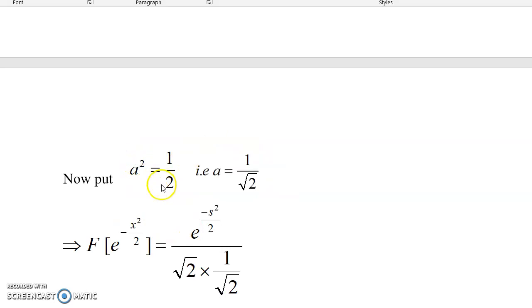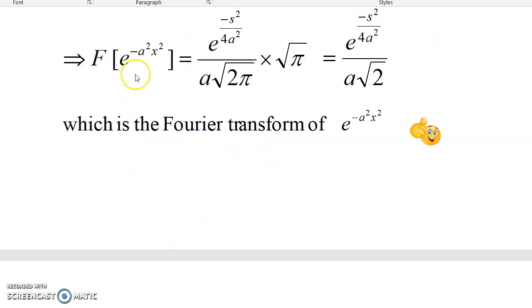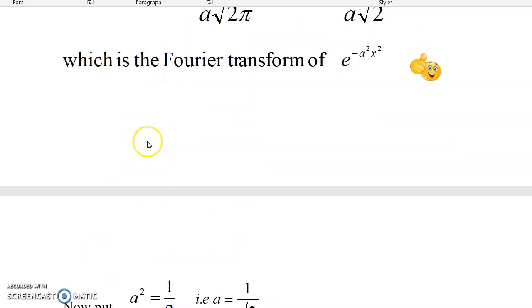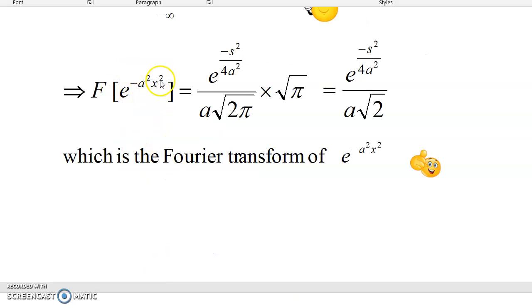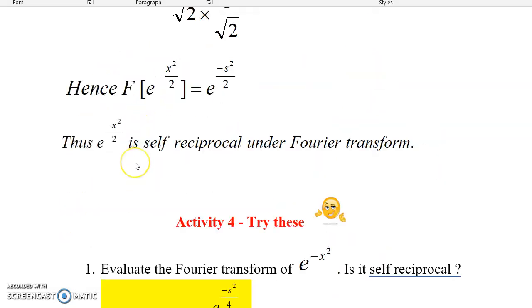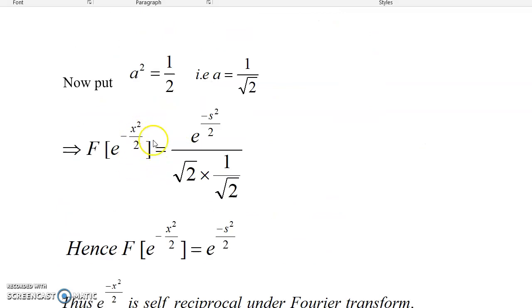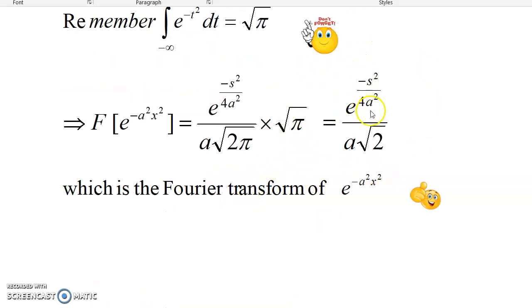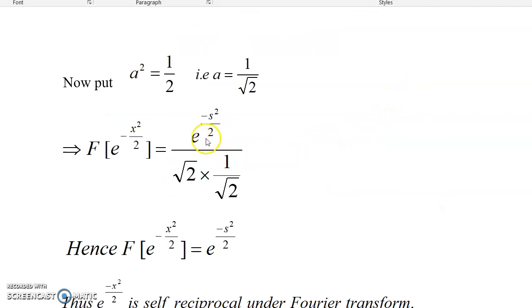So when you put a squared as half here, this left side becomes F of e power minus x squared by 2. And similarly, what happens to the right hand side? A squared is half here, so this is e power minus s squared by 2.